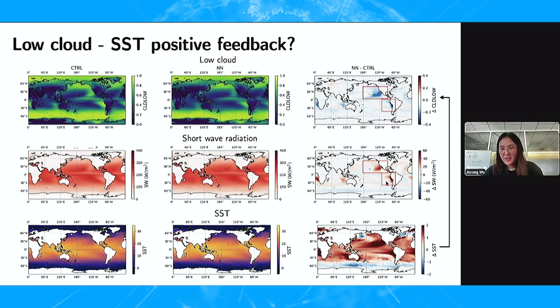So there is a reduction of cloud, increase in shortwave radiation, and this could contribute to the warming in these areas, and then the signal can be transported westward. And also the warming of SST in these regions will in turn trigger even less low clouds. So maybe it's because we've triggered this cloud feedback that we've seen such a large magnitude of warming. And this, again, will only be present in a coupled model.